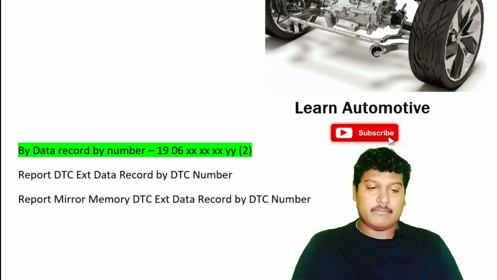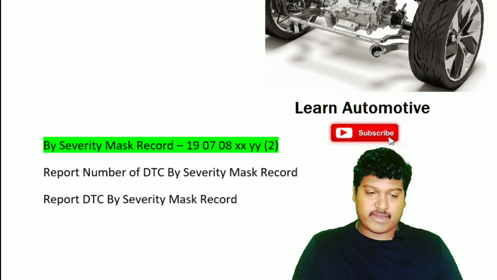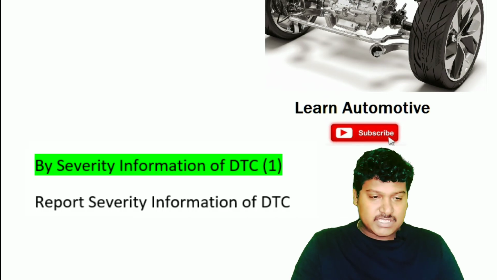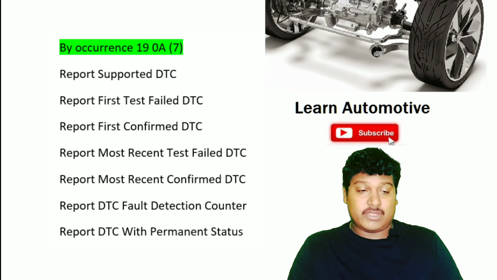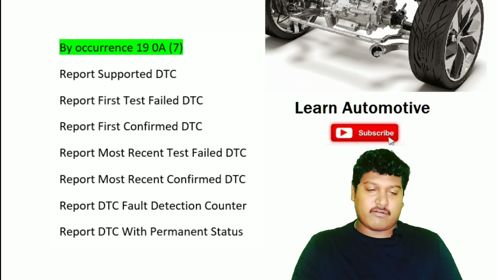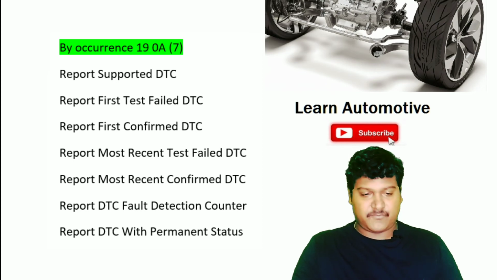By data record by number, in this you have two sub functions. The next one is by severity mask record, in this you have two sub functions. Then by severity information of DTC, you have one sub function. Then by occurrence. By severity information is the old one, and by occurrence you have 7 sub functions.